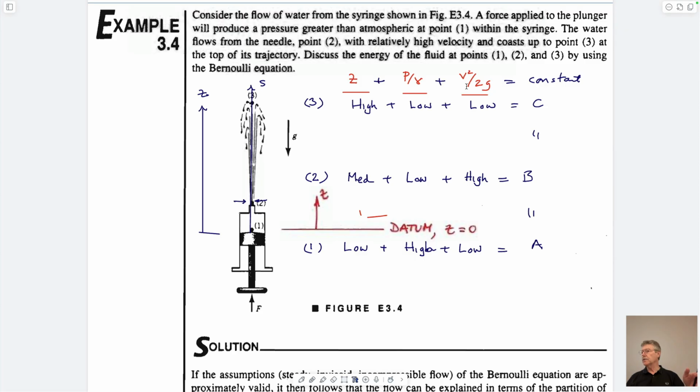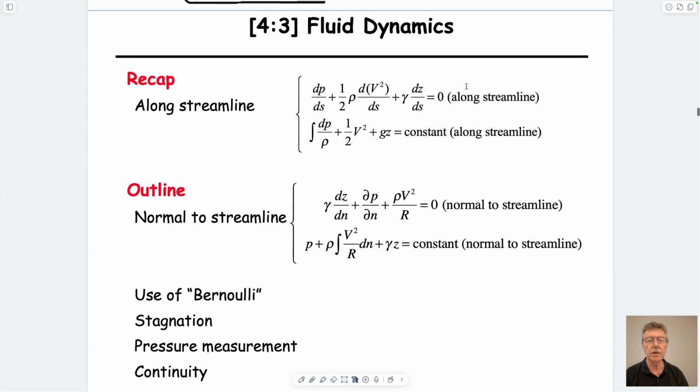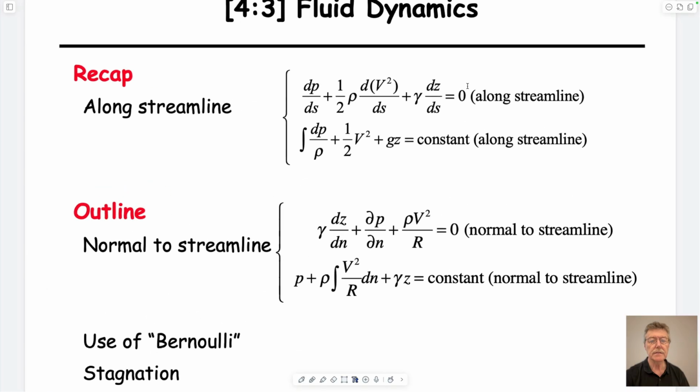Velocity coming out of the back of the jet, zero pressure outside the jet, hits maximum velocity before it hits the truck, and then as it hits the truck, there's what we call the stagnation point. It stops, V is zero, it transfers that velocity, half mv squared, it's V squared over 2g in our Bernoulli term, and it converts it into the pressure that's applied on the truck, and we can take moments around something to be able to show that it gets moved.